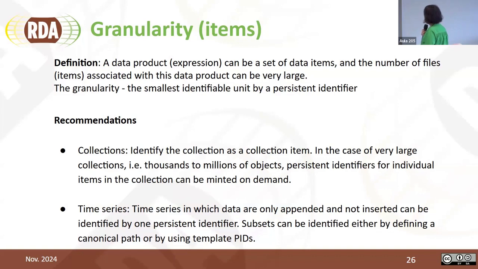The recommendation is that we should identify the collection as an item. In the case of very large collections with millions of objects, some species may have as many as 100,000 subspecies, and then a persistent identifier for an individual in that collection should be minted, such as a DOI.